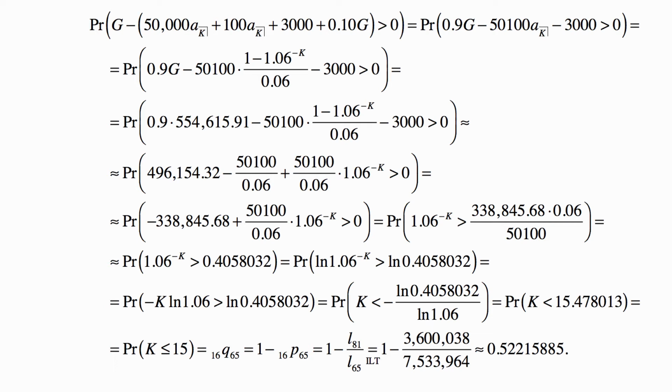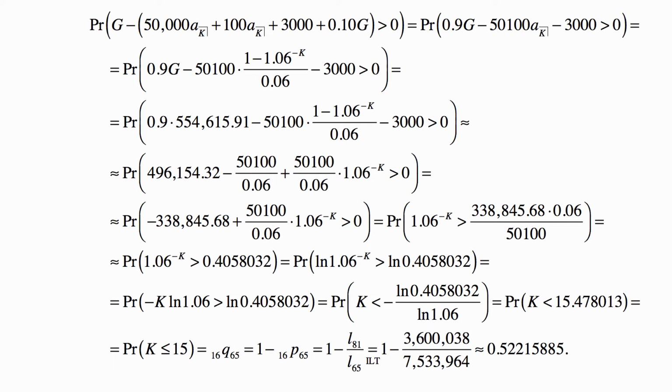But in terms of whole numbers, that's the same as saying that k is less than or equal to 15, which means that that's the probability that the number of whole years lived is 15 or less, right? That means that by the time the 16th year arrives, the person is dead.